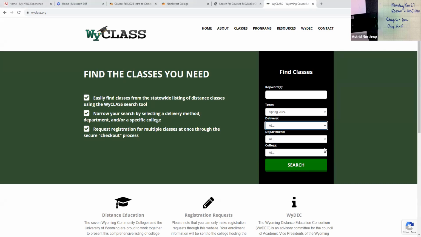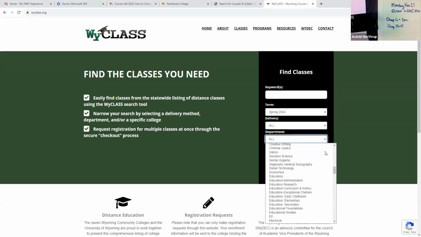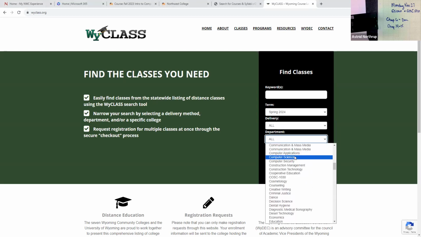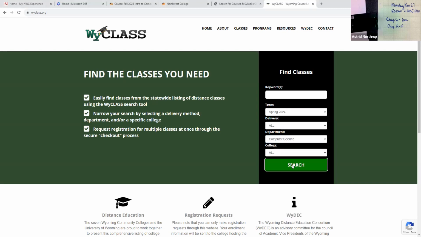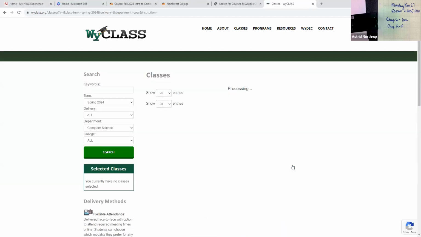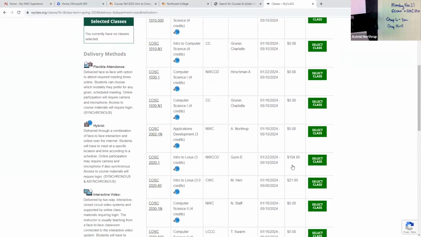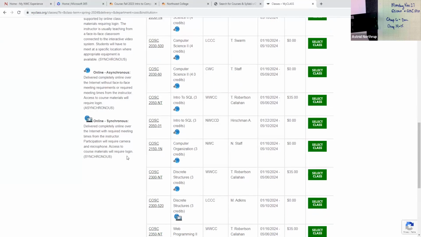So I'm going to be sending an email to everybody who is currently signed up for computer science 2150 and tell them that that class will no longer be required, but that you'll have an opportunity to take computer science 2050, which is intro to SQL.